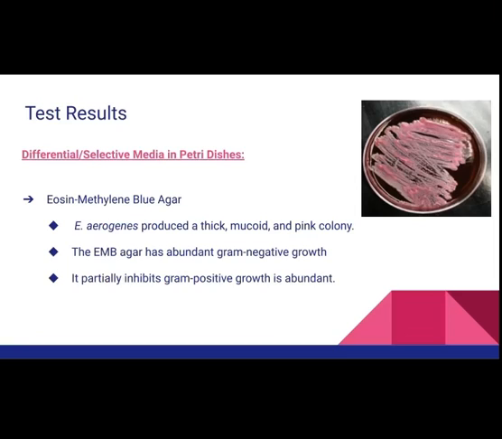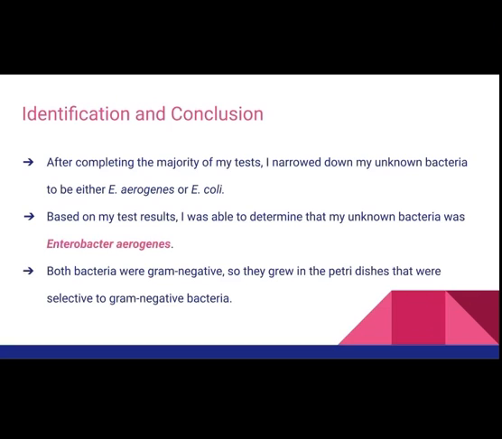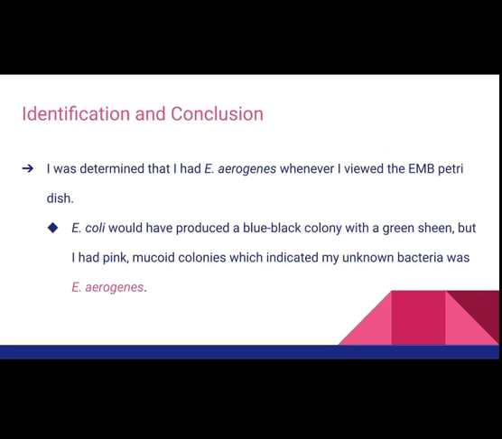And it also inhibits gram-positive bacteria and is very abundant in gram-negative bacteria. And so I knew from the EMB agar that I definitely had E. aerogenes, and I also knew this because my test results had lined up with E. aerogenes.